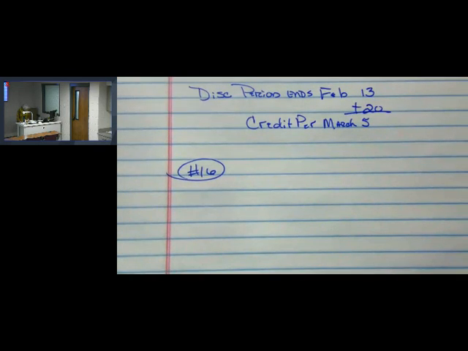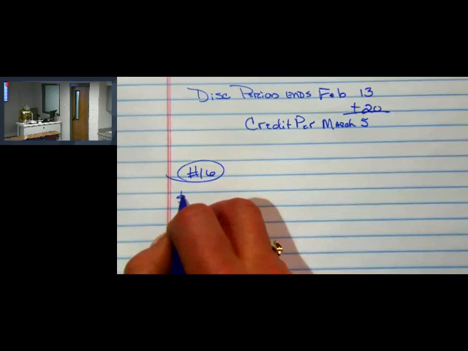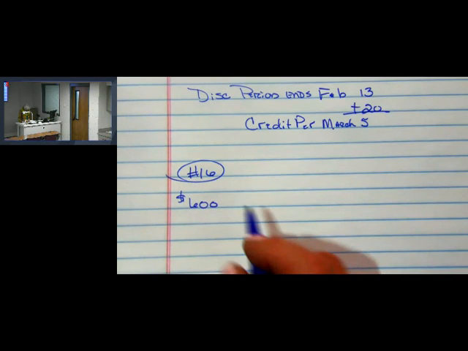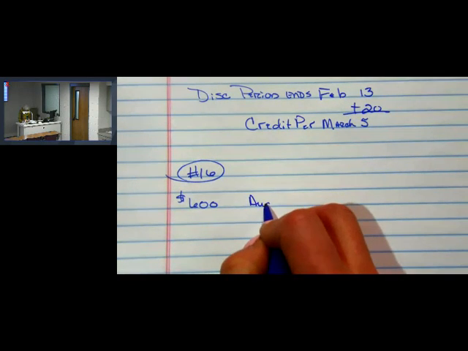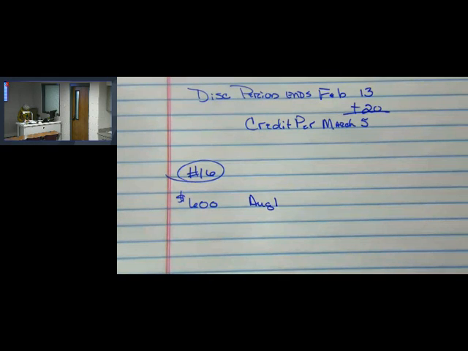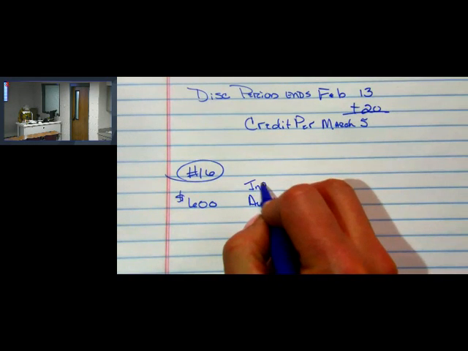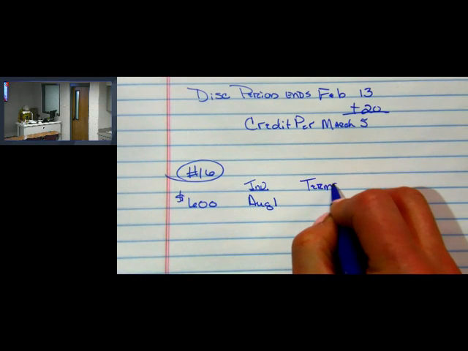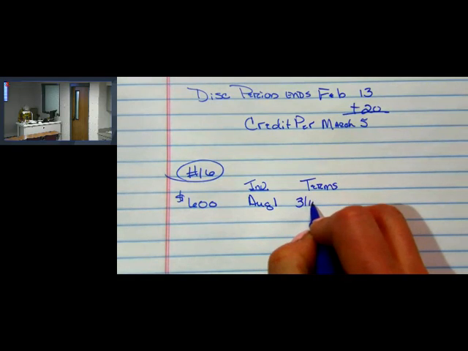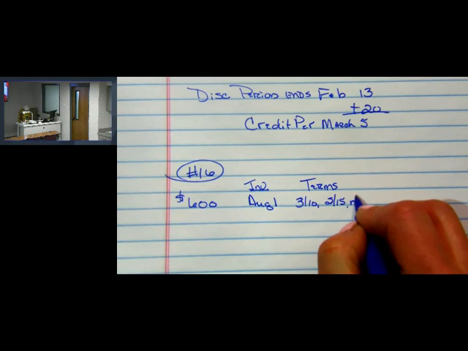So on number 16, we have an item that costs $600, with no freight. The date of the invoice is August 1. Kind of looks like a chain discount. That's my invoice date. My terms of trade on this one is 3/10, 2/15, net 30.